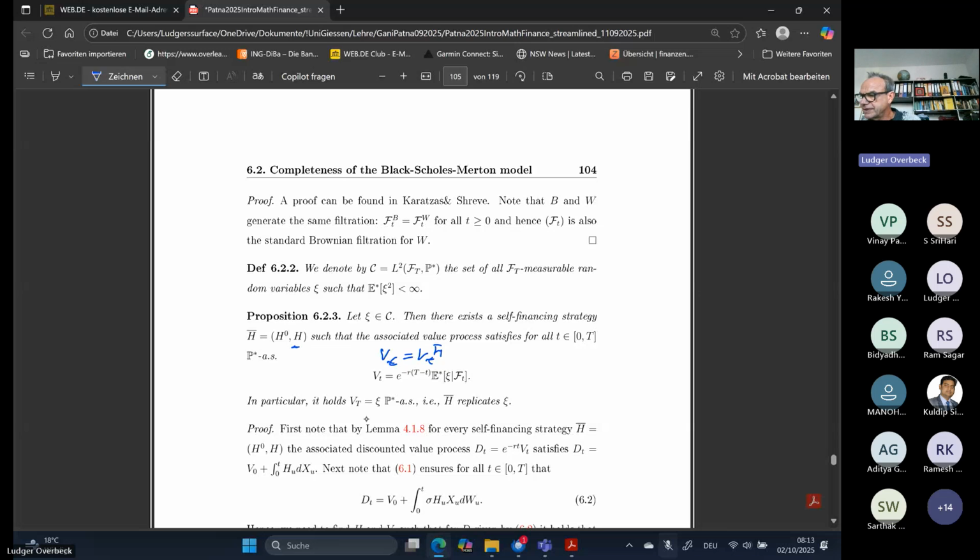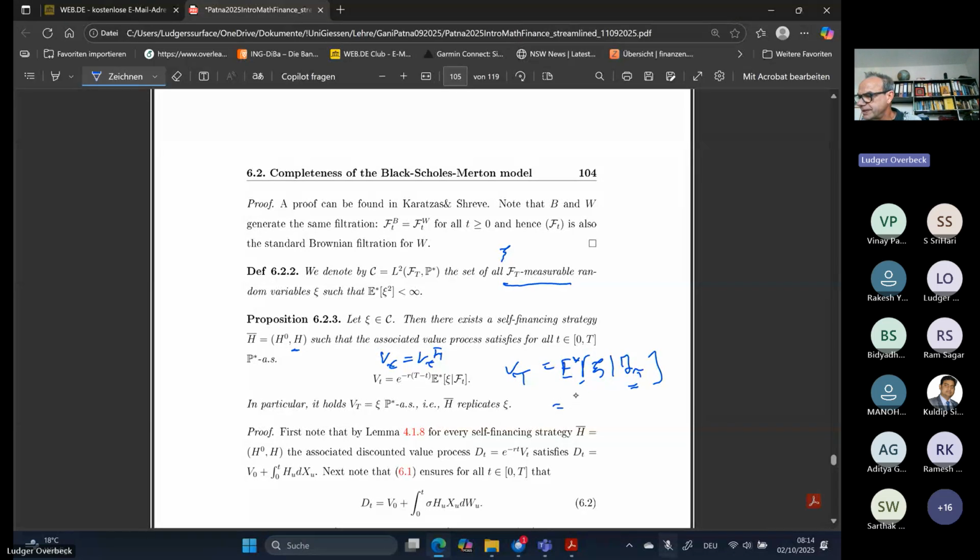And then we know that this V_T, if we put in capital T for small t, so small t equals capital T, that's 0, that's 1, the expectation of psi given F capital T. And since psi is measurable with respect to F_T, the conditional expectation equals psi.